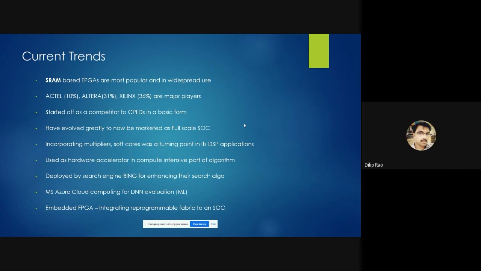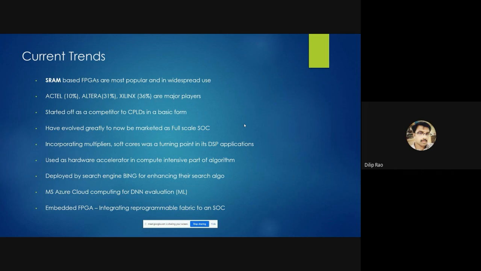Just to give an example, the search engine Bing has started using FPGAs to enhance their search algorithm and to improve or refine their search results. Microsoft Cloud Computing is also deploying FPGAs for machine learning and deep neural network evaluation.